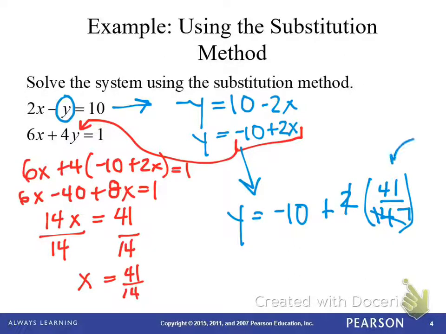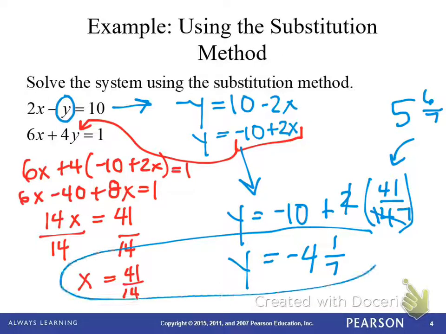And so this is going to be approximately 5 and 6/7. Okay. So then I would have y equals, well, subtracting those two is going to leave me with negative 4 and 1 over 7.